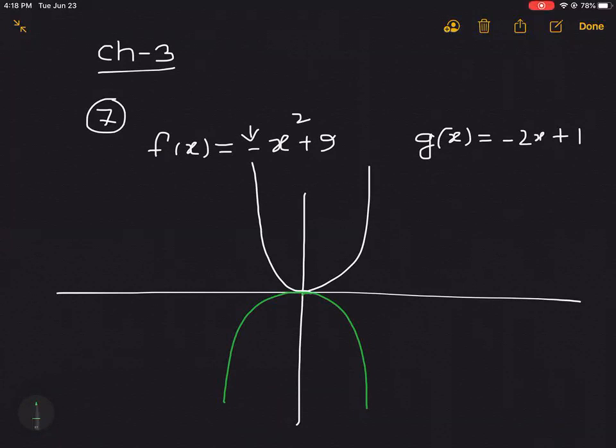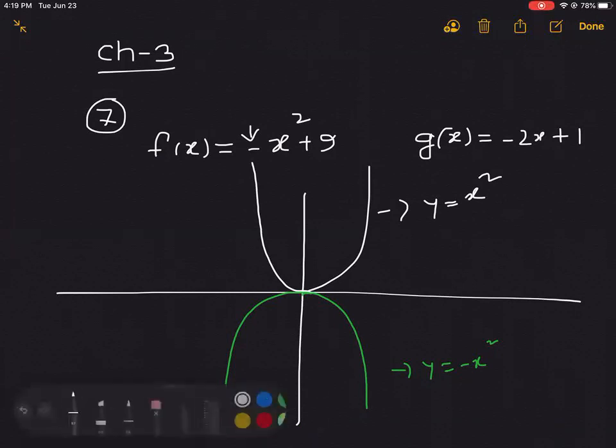Okay, so that's your graph for y equals negative x squared, but that's not yet done. We need to do one more thing. We have a plus 9, so we need to go up by 9. Let's say that's my 9.